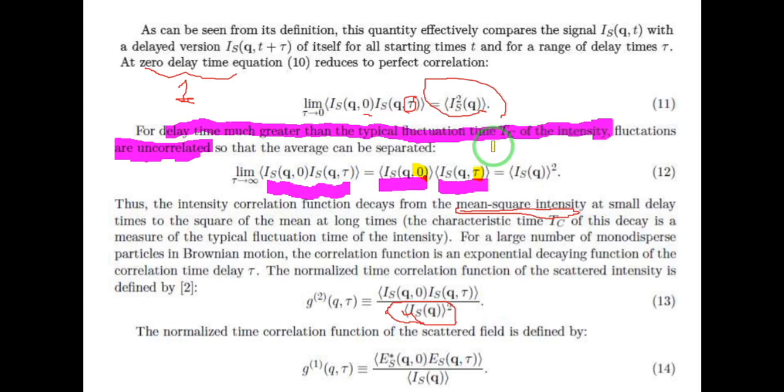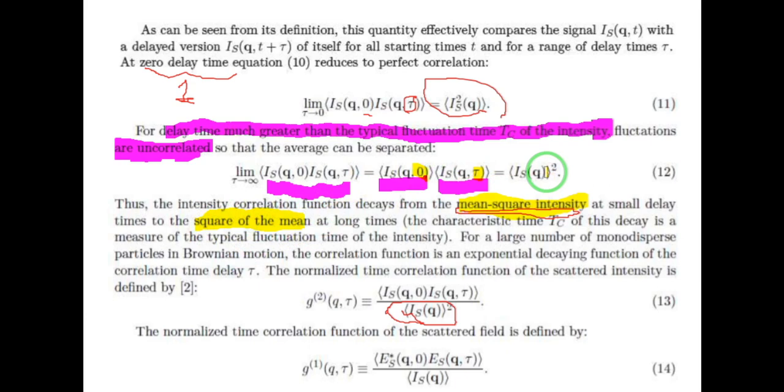And we will reach now to the square of the mean for the delay time much greater than the typical fluctuation time. So again, I'm telling you that for the delayed time 0, we reach to the mean square, and for the delayed time greater than the fluctuation of the light intensity, we reach to the square of the mean.